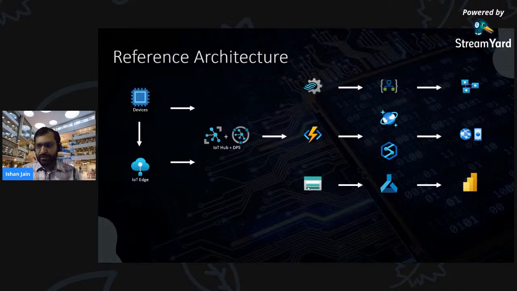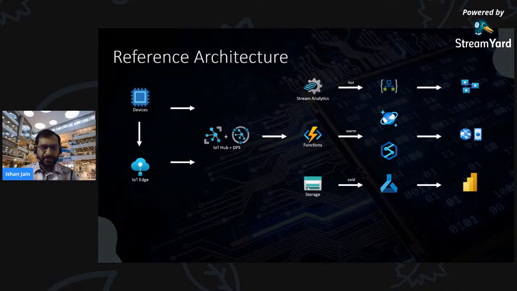You can provision your devices either directly to the IoT Hub or via a DPS, device provisioning service, and then IoT Hub can send the data to stream analytics, to functions, or actually store the data in storage, depending on what type of path we need.